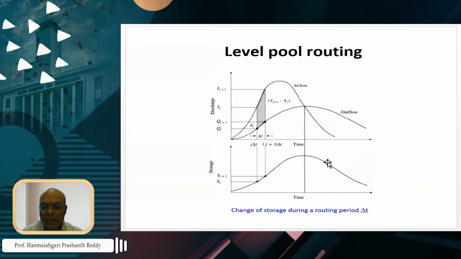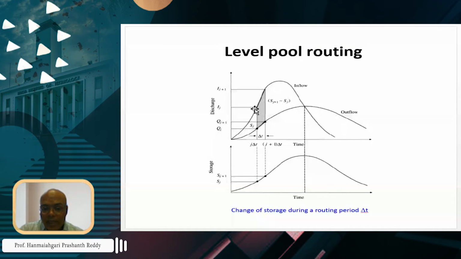So we can write it as Sj plus 1 minus Sj divided by delta t is equal to (I1 plus I2) by 2 minus (Q1 plus Q2) by 2. Okay. So here the outflow is represented by Qj, and the inflow is represented by Ij.